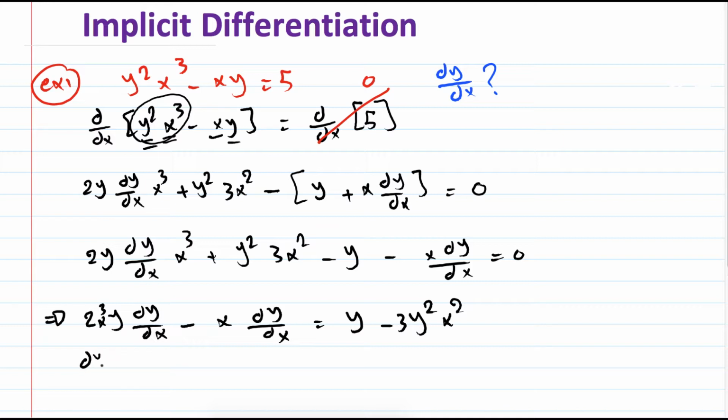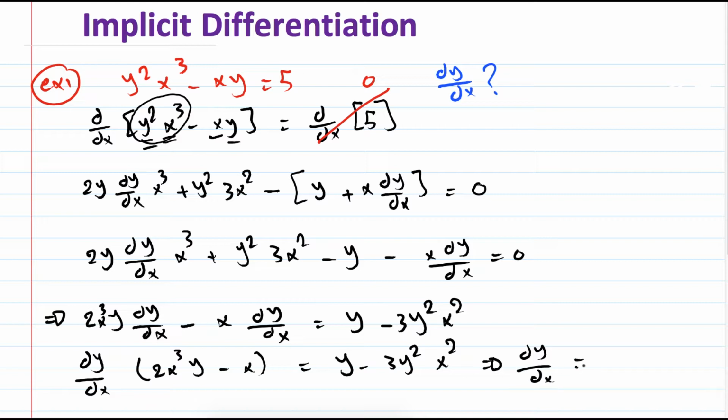So I have dy over dx right here, and then I will have 2x to the 3y minus x equaling to y minus 3y to the 2 x to the 2. So from this, I have dy over dx equal to y minus 3y to the 2 x to the 2 over 2x to the 3y minus x. That is dy over dx. Okay? As simple as that.